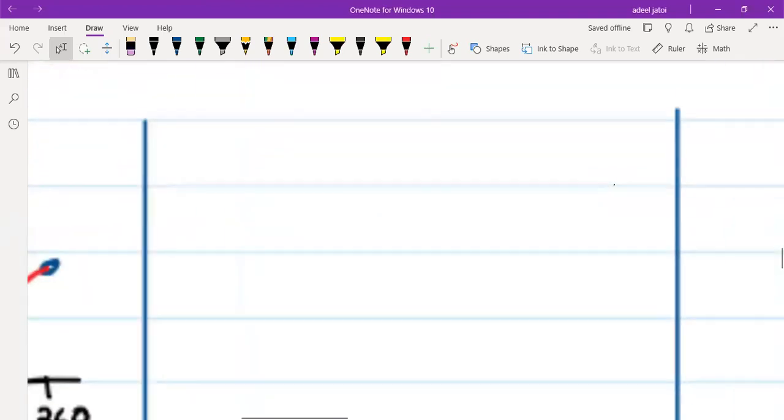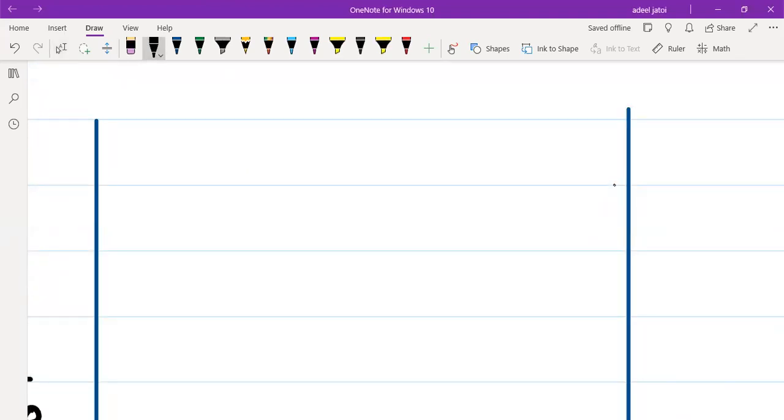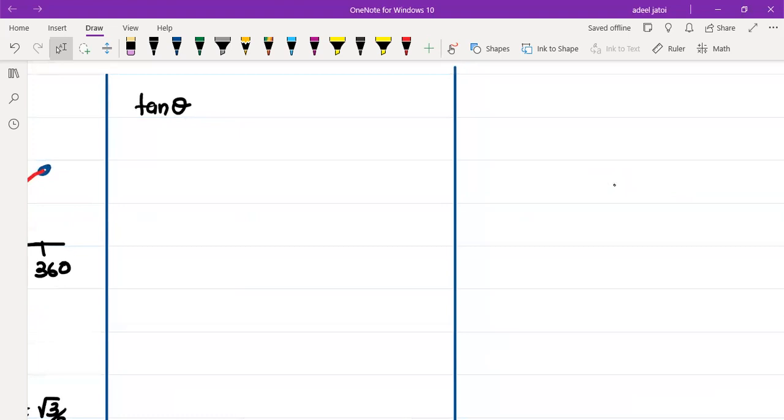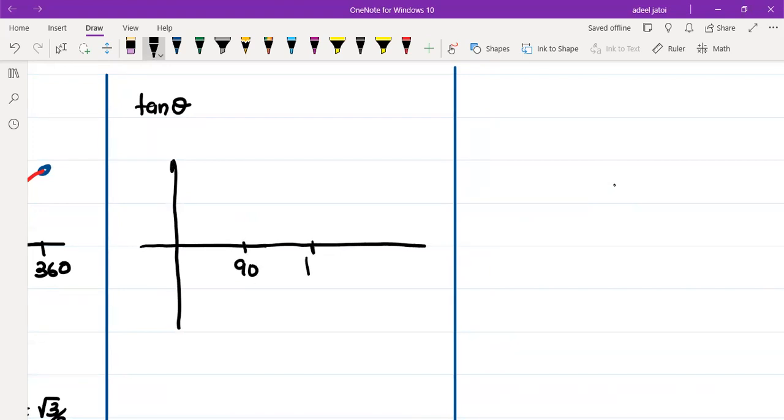So now let's work upon tan, understanding it through the tan graph. We'll work upon the complete graph of tan and then understand till what it is required. Tan 90 is math error and tan 270 is math error as well.